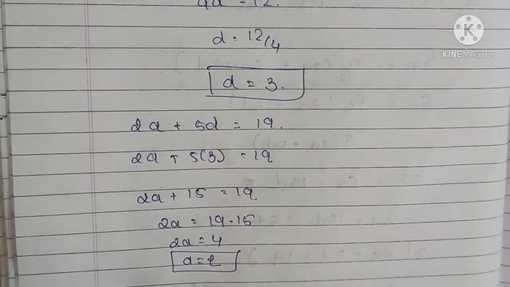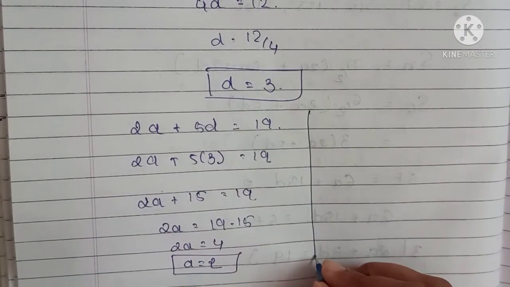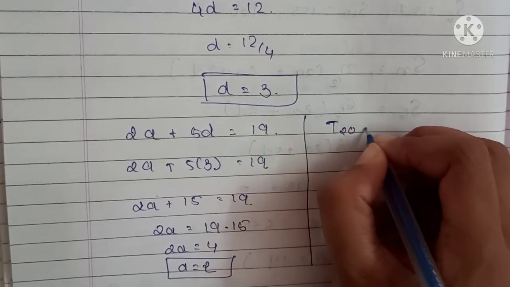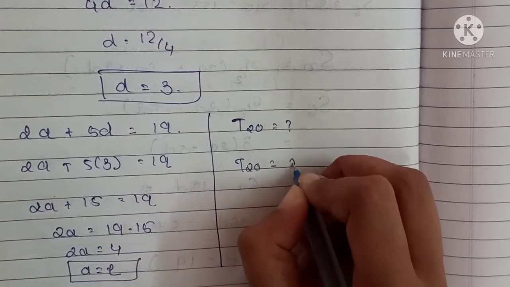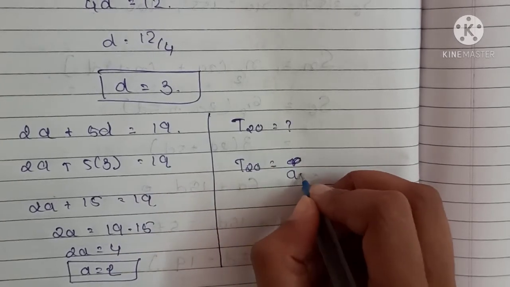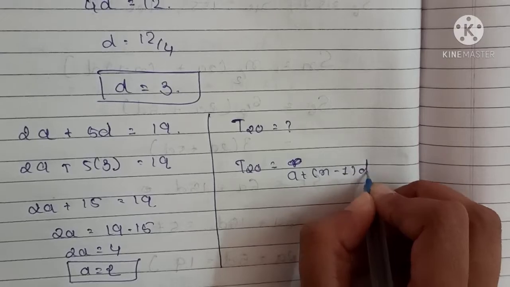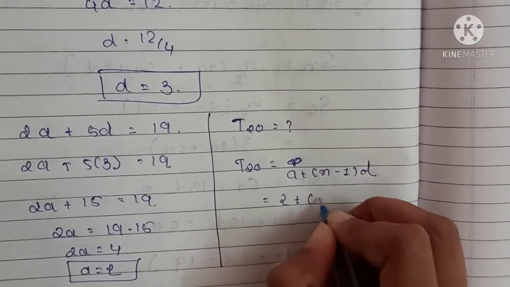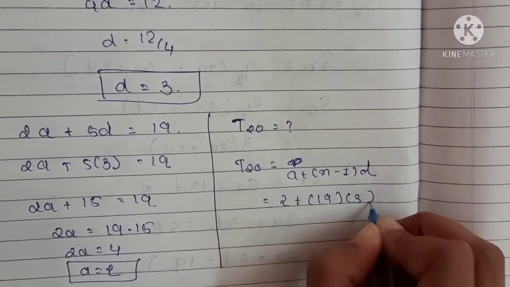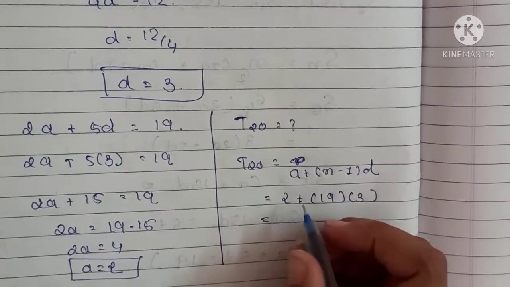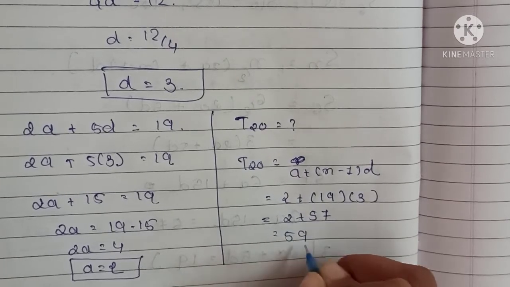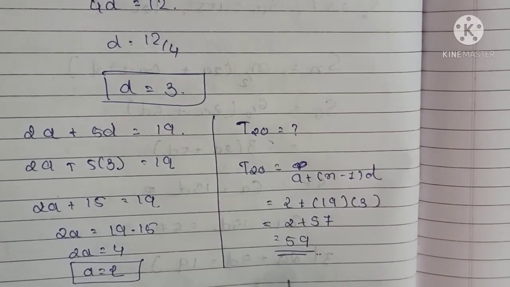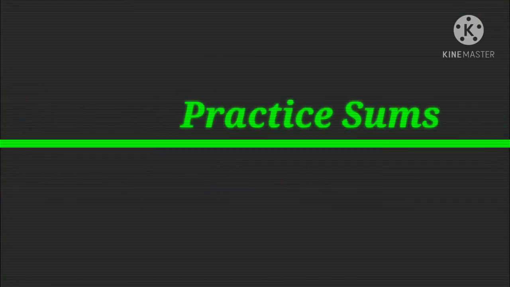Using this, we find out a is equal to 2. We put it in to find out T20. That is T20 is equal to a plus n minus 1 into d. A is 2, n minus 1 is 19, and d is equal to 3. So T20 will come 59. Understood?